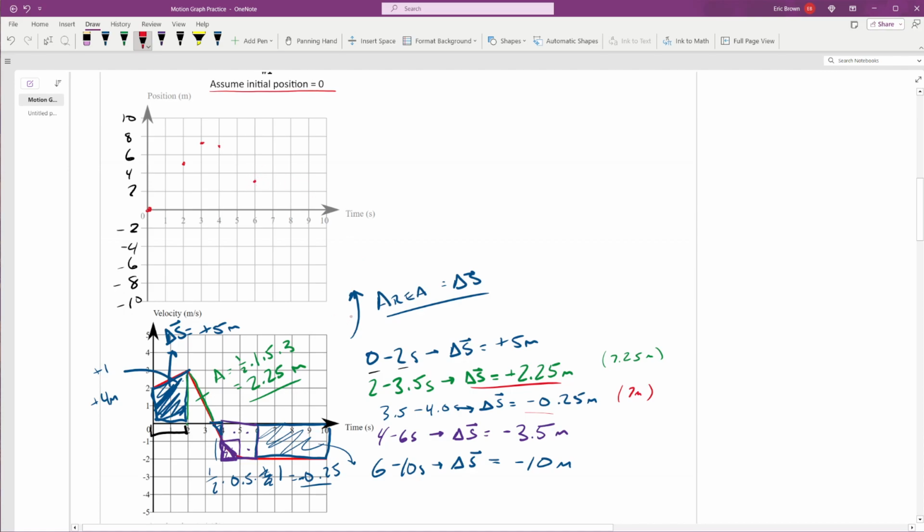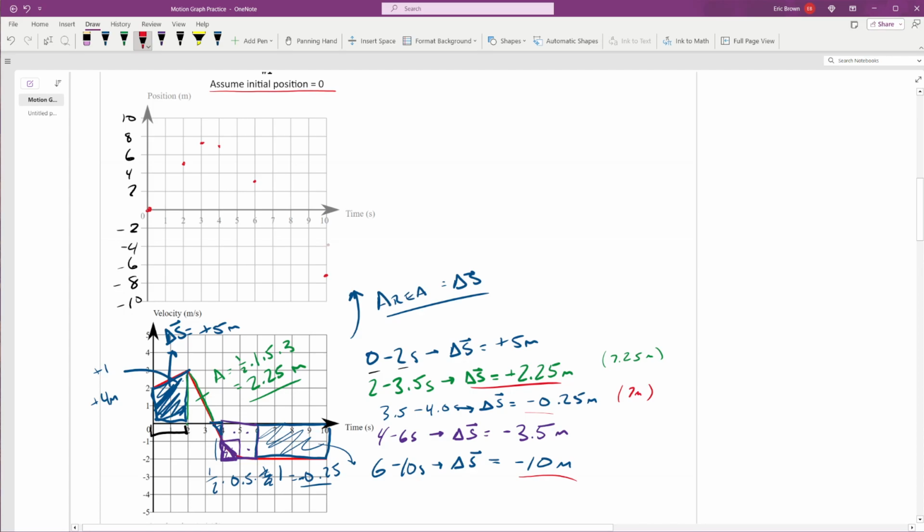And now from 6 to 10 seconds, I decrease my position by 10 meters. That's, again, the area from 6 to 10 was -10. So between 6 and 10, I lose 10 meters of displacement. My displacement decreases by 10. So I'm at 3.5, and I'm going to go down by 10. I'm going to go down 2, 4, 6, 8, 10 to like here-ish.